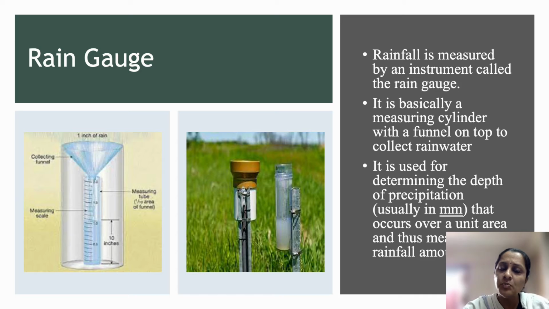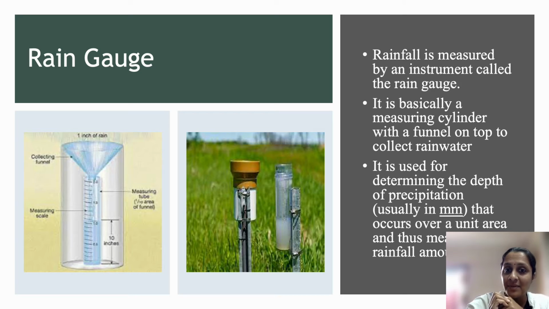Like if you see in the newspaper during monsoon, it is mentioned that 70% rain has already occurred, or 100% rain has already occurred, or it is more than or less than the average rainfall. So how do you know whether it is more or less? You will have to use the rain gauge to find out the rainfall which is happening, in millimeters. It's an instrument which is actually a cylinder. On top of it there is a funnel.